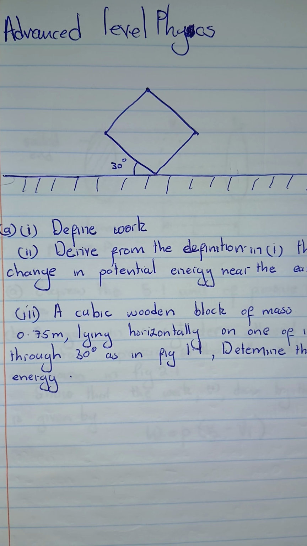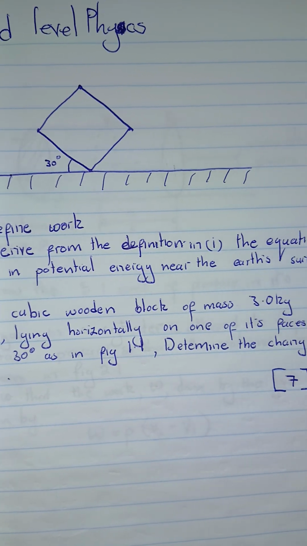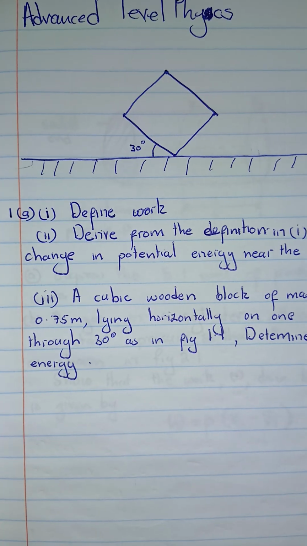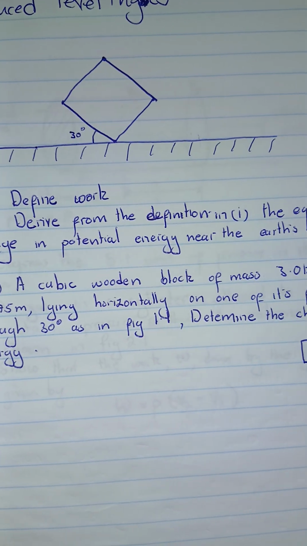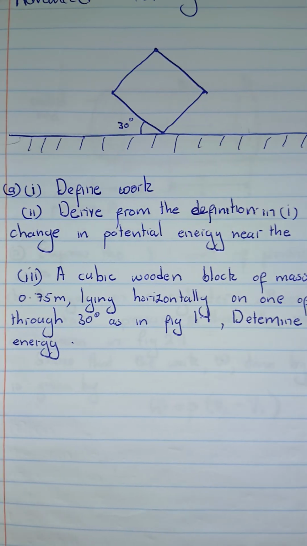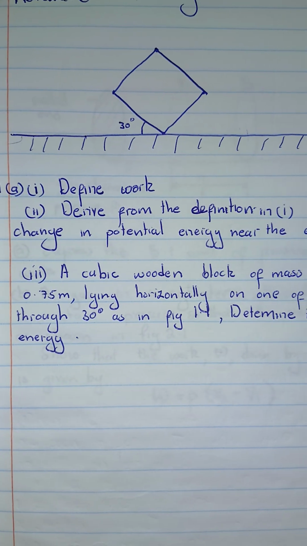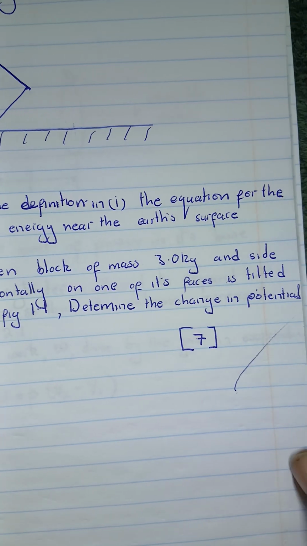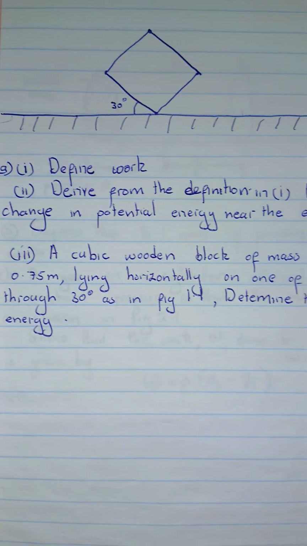A cubic wooden block of mass 3 kg and side 0.5 meters lying horizontally on one of its faces is tilted through 30 degrees as in Fig 1.1. Determine the change in potential energy.